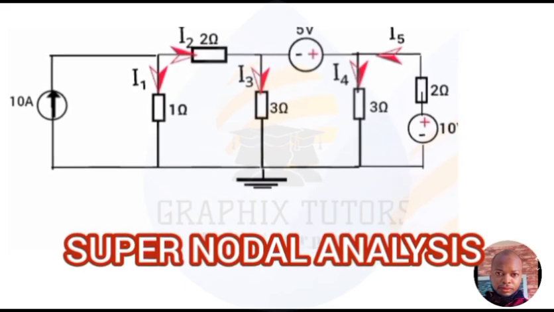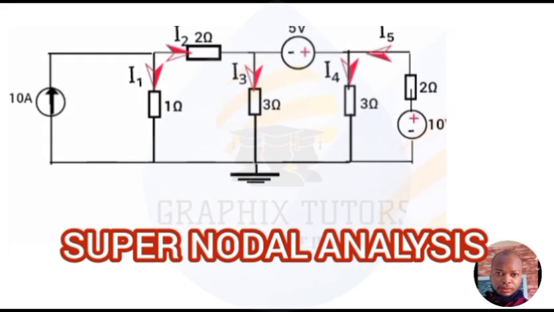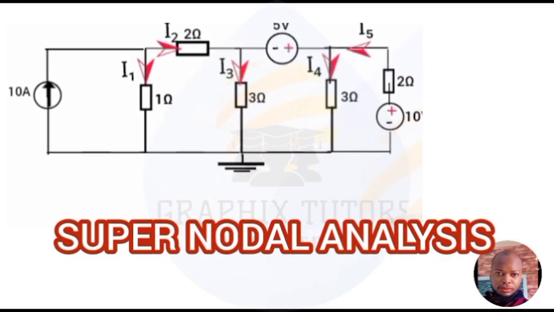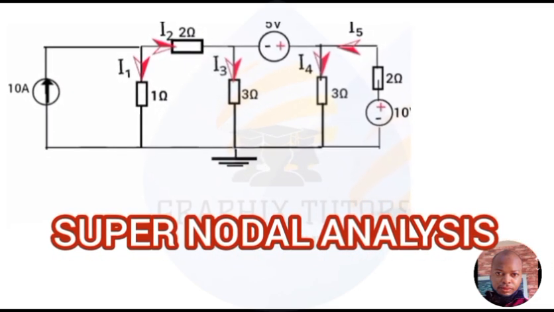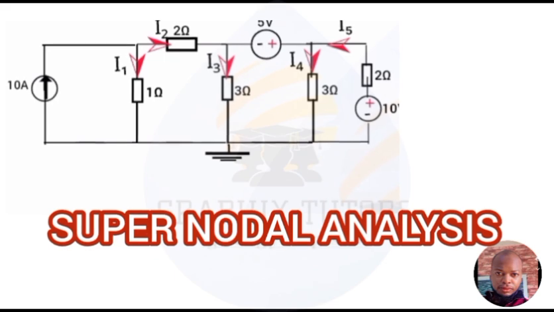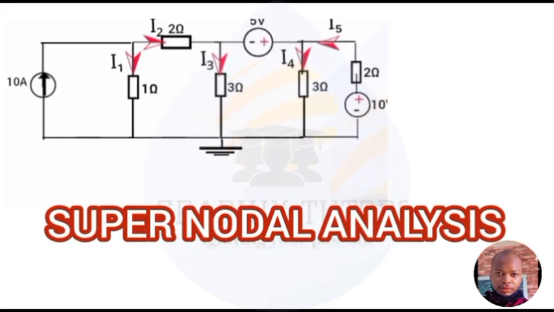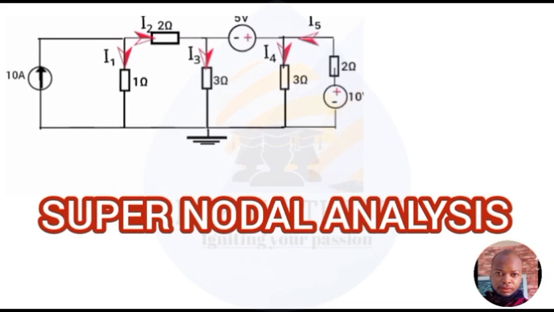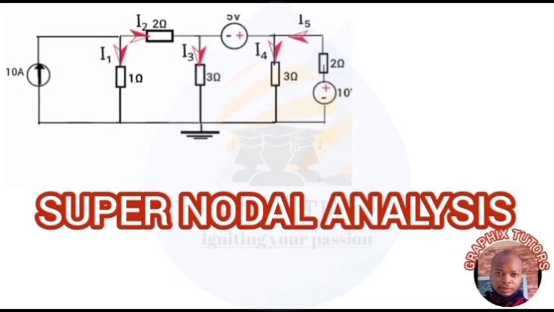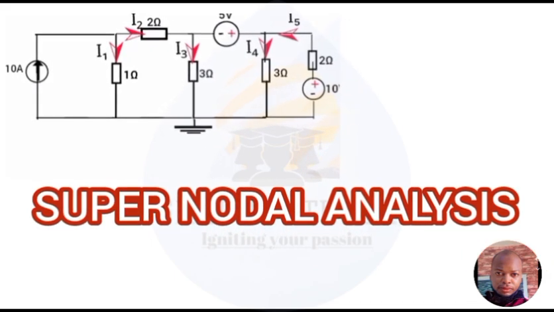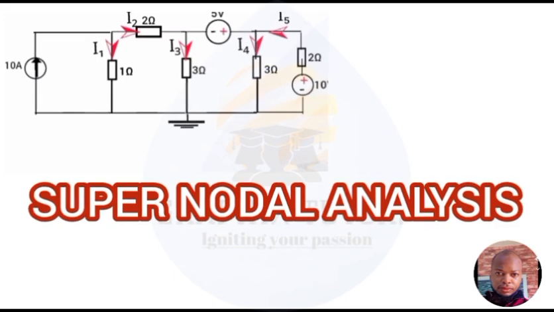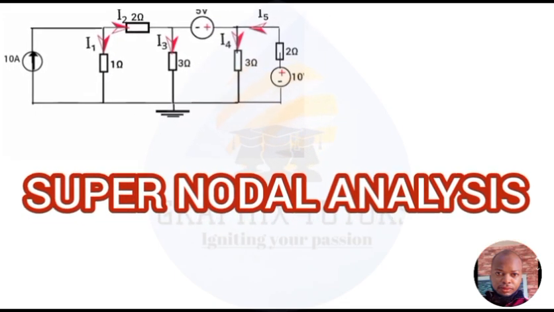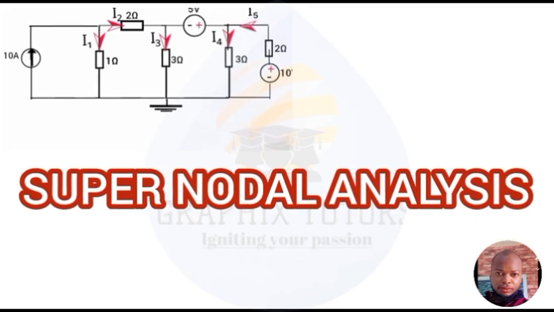We know, like I said in my earlier video, the active elements are the ones that produce current in the circuit, right? One of the active elements is the independent current source that has 10 ampere, and the 2 other active elements are the independent voltage sources, the 5 volts and the 10 volts source.